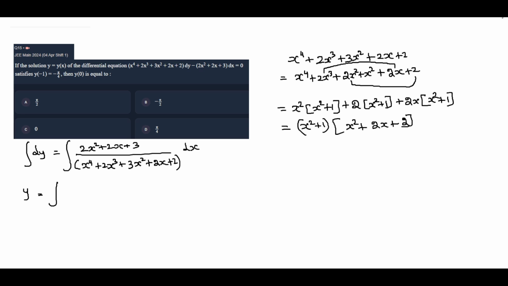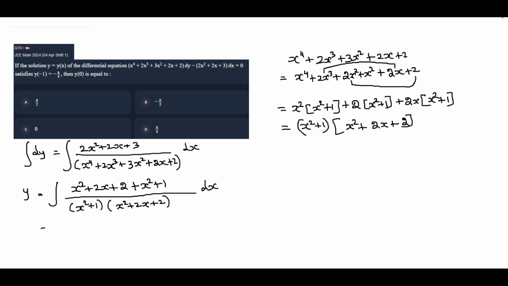So it is in the form of x² + 2x + 3 will be 2 plus the remaining term x² + 1, because here you have 2x². If you add 2x² we get it, and 2 plus 1 is 3. By factorization it will be (x² + 1) into (x² + 2x + 2) into dx.